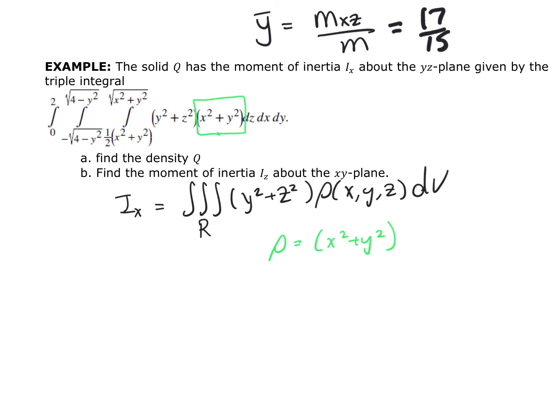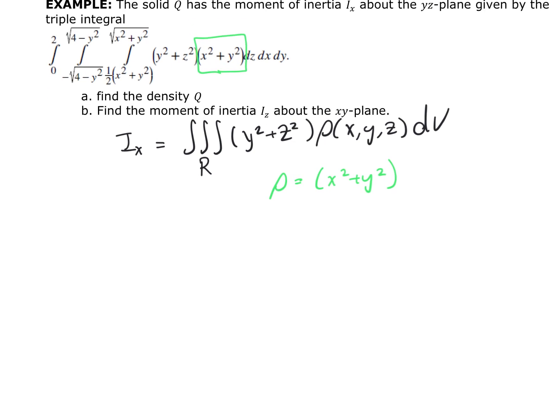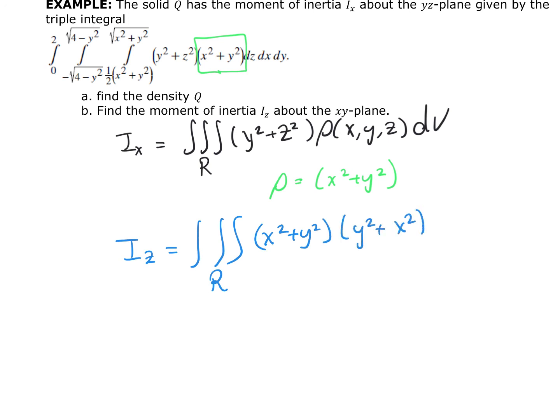Now, they want me to find my I z. Well, my I z is going to be the same integration of x squared plus y squared. That's my density function. And then here it's going to be y squared plus x squared dV, because that's the multiplier I need to go around the I z.